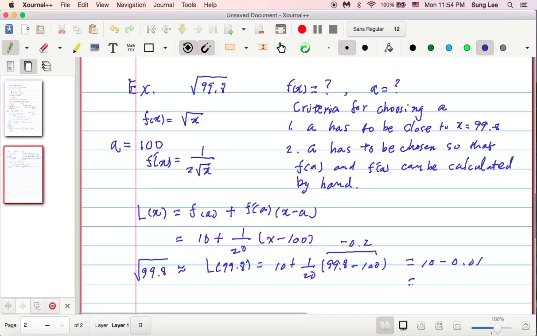So that equals 9.99. That will be the approximation to the square root of 99.8.